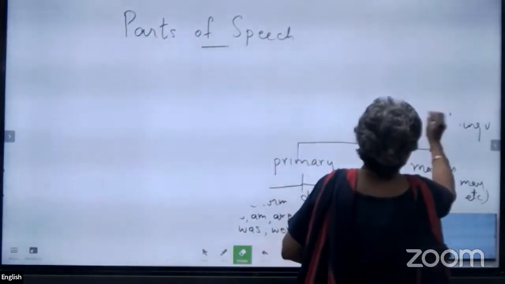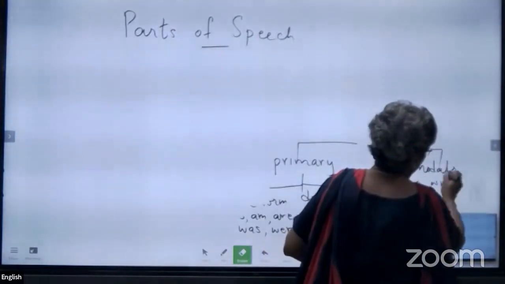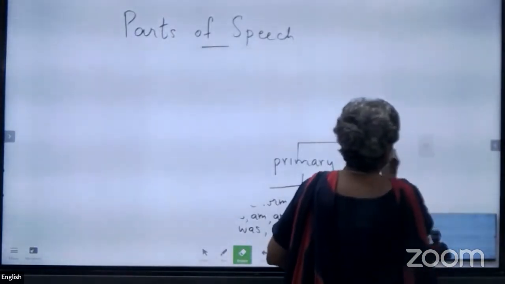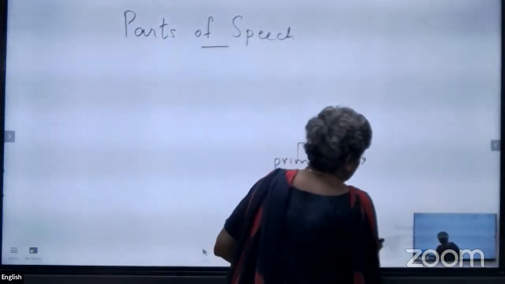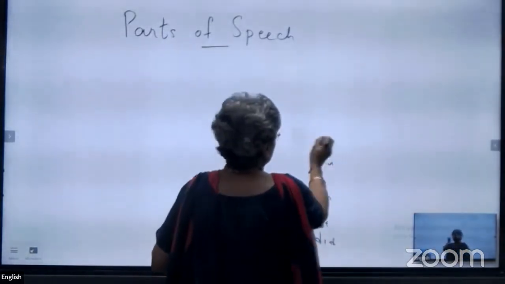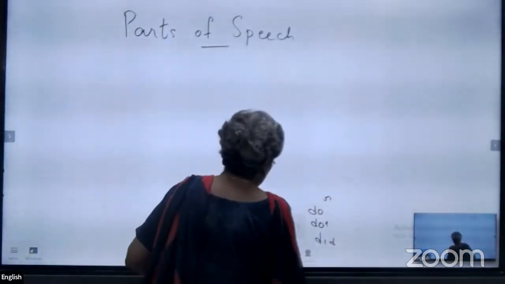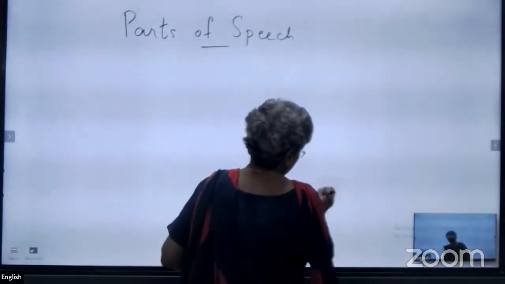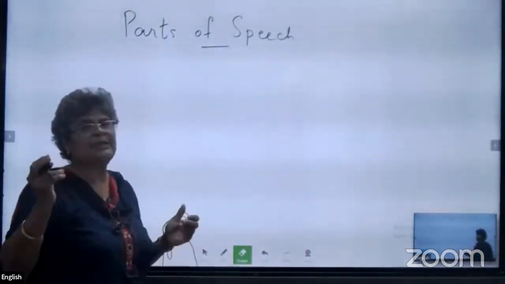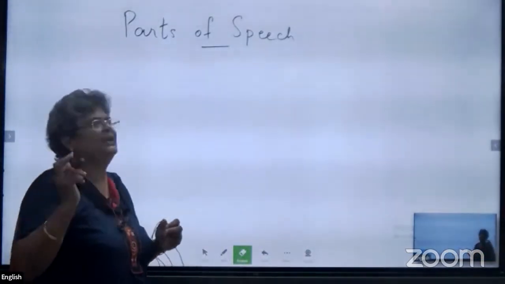Now, next is adverb. Many children get confused between adverb and adjective. So I'll give you some simple tips which will help you.